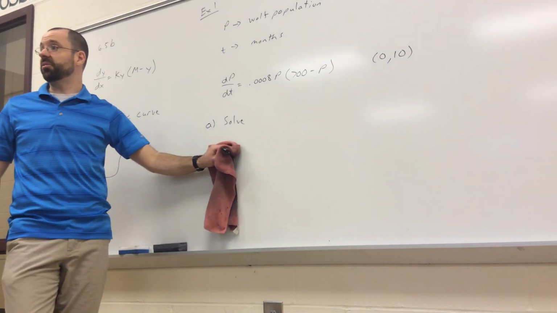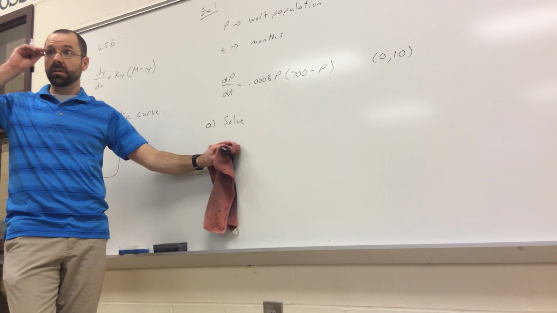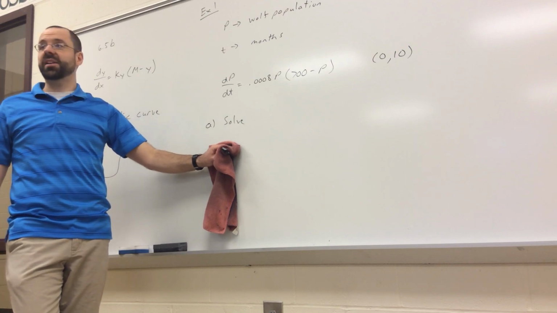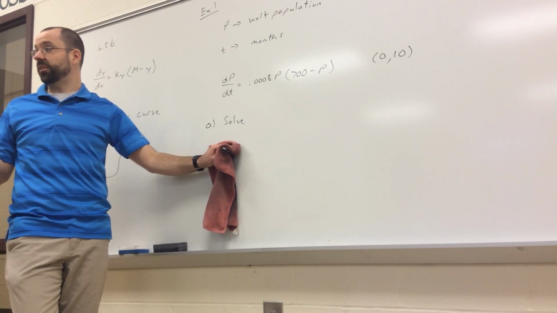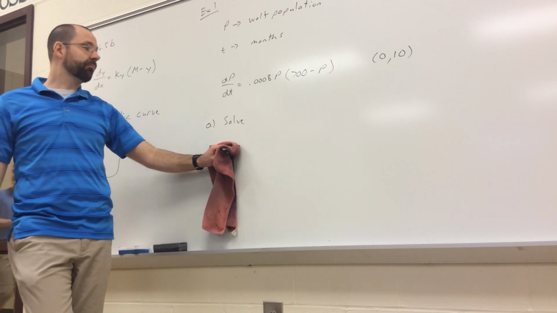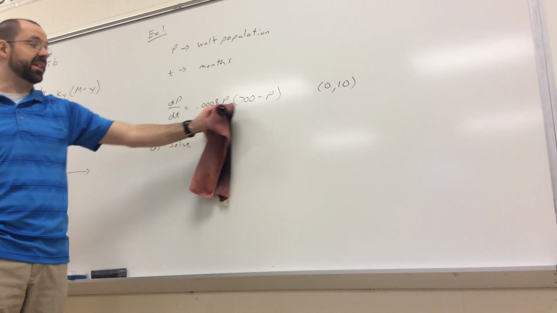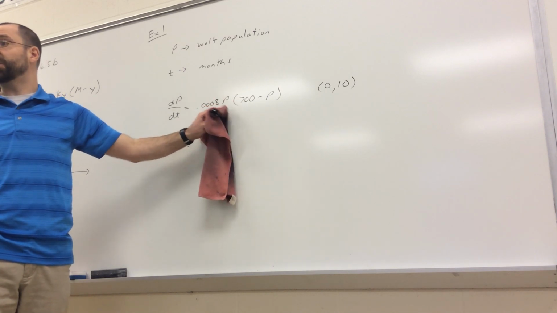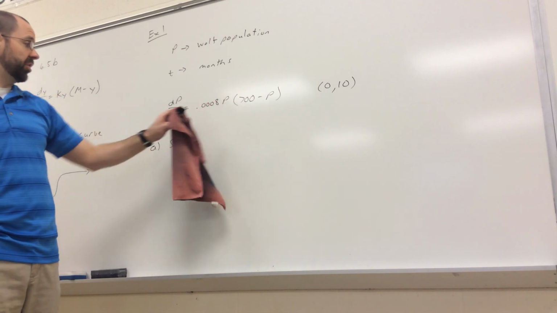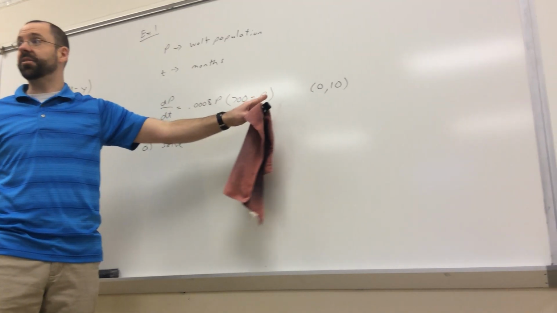All right, so now what we want to do is solve this. And solve means figure out the original equation. In this case, the variable is P, so we're solving for P. We can't take the antiderivative straight up because there's P's in our differential equation, so we have to separate the variables. So first we're going to multiply the dt to the other side.